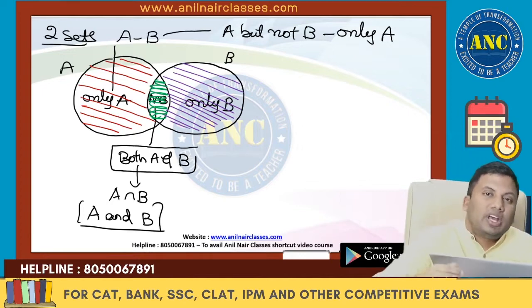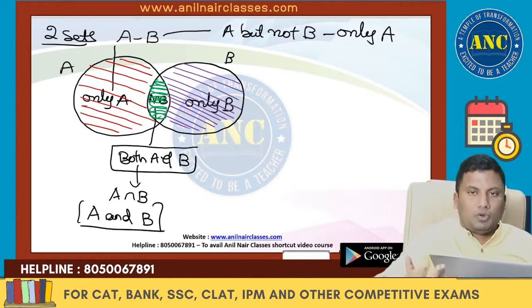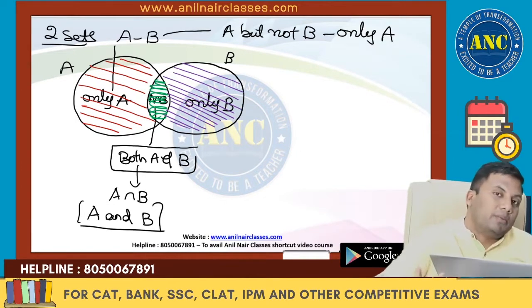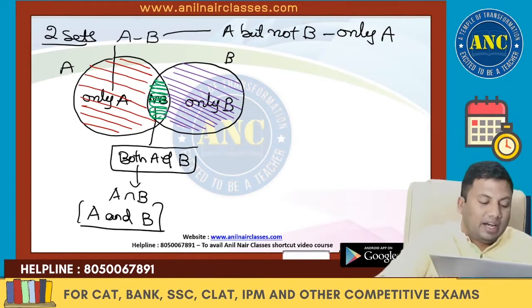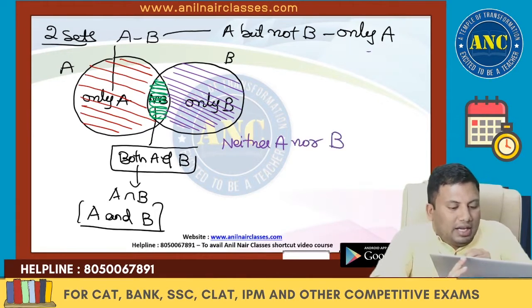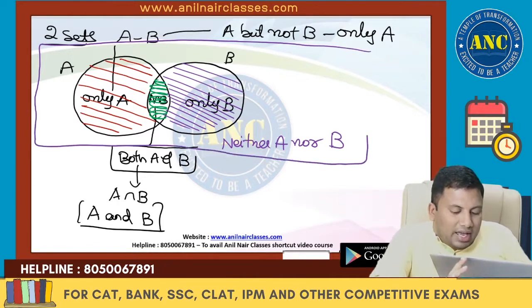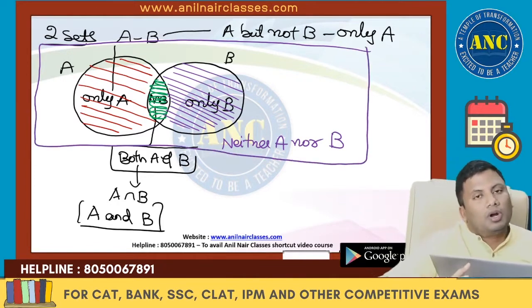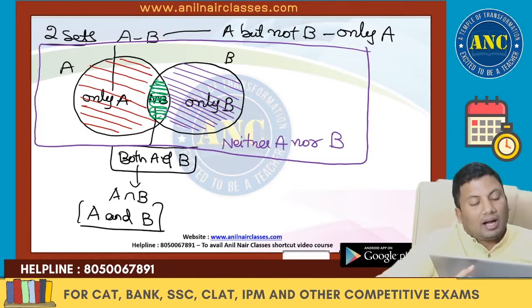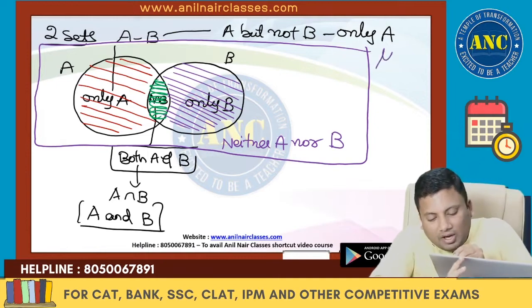Suppose in a class, there might be a few students who like only actor A or only actor B. There might be students who like both actor A and B. There could also be students who like neither actor A nor B. This is my entire class, where students like only A, only B, both A and B, or neither A nor B. This I call mu.